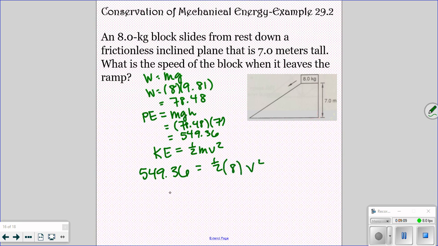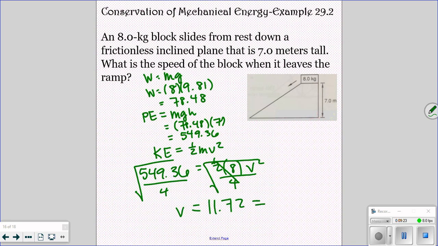So you can solve for your v by dividing by 4, and then taking the square root of both sides. We should get 11.72, which, since we're only using 2 sig figs, would round to 12 meters per second.